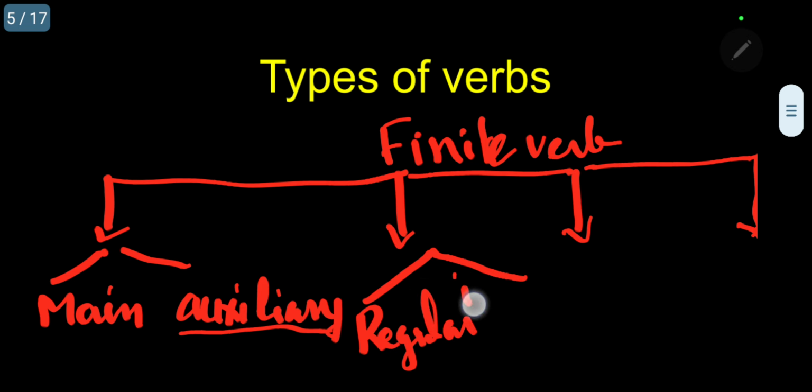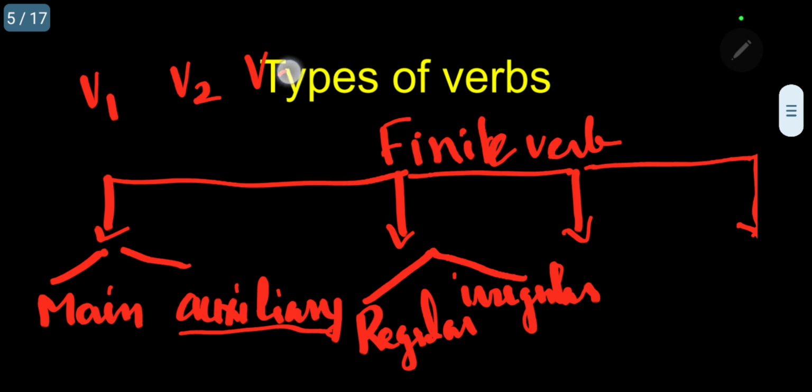Regular and irregular verb. A simple example: if you want to convert V1, V2 to V3, kindly follow, sometimes all three will be the same. For example, put. So I can say this is irregular.